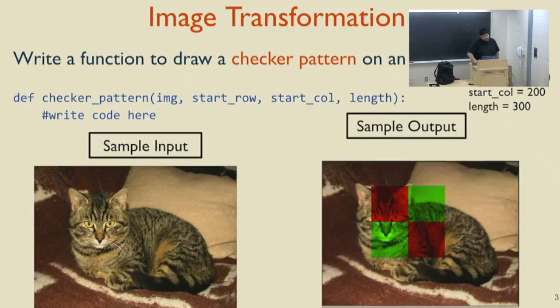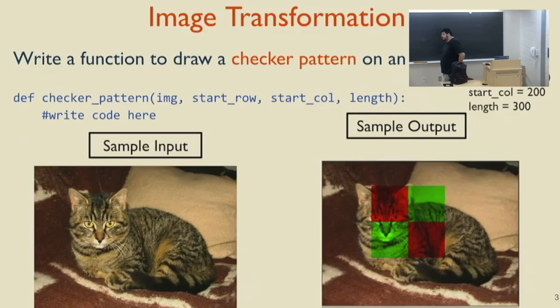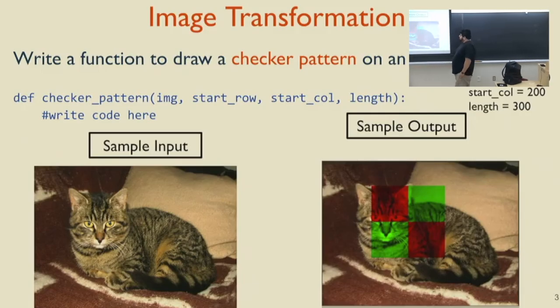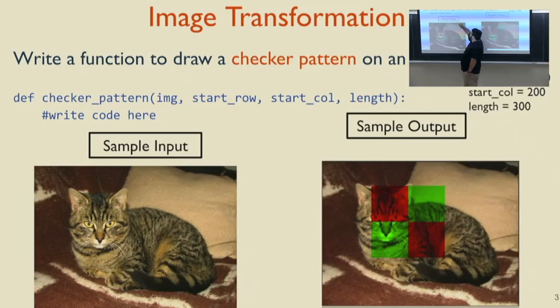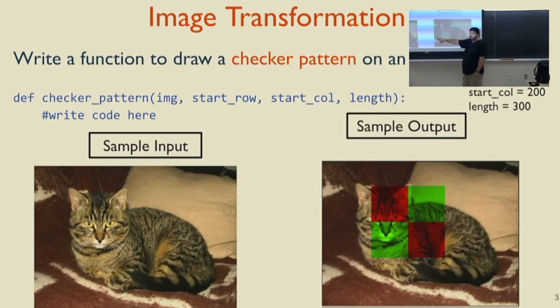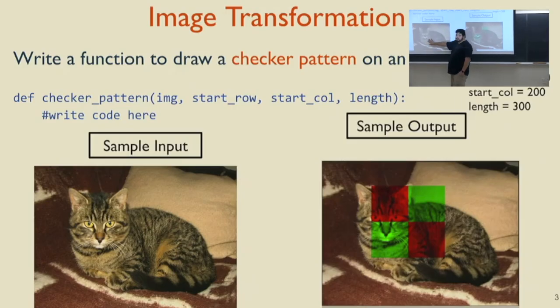All right, so we've done image transformations. Now we're going to do an image transformation using a function to create this checkered pattern, where you first have some image, in this case a cat.